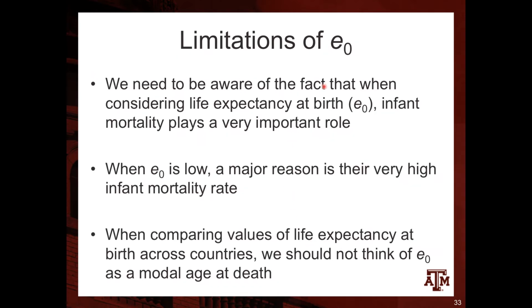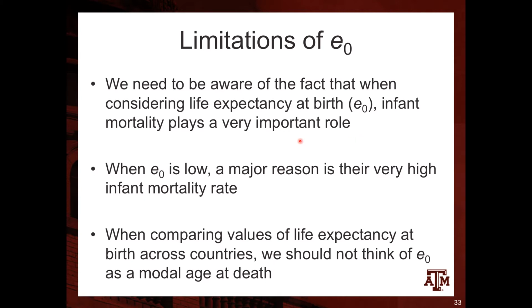The symbol that we use for life expectancy at birth is E0. We just need to be aware of the fact that when we consider life expectancy at birth, infant mortality plays a very important role, because life expectancy at birth takes into account the mortality rates for all age groups, including the age group of babies between 0 and 1 year of age.